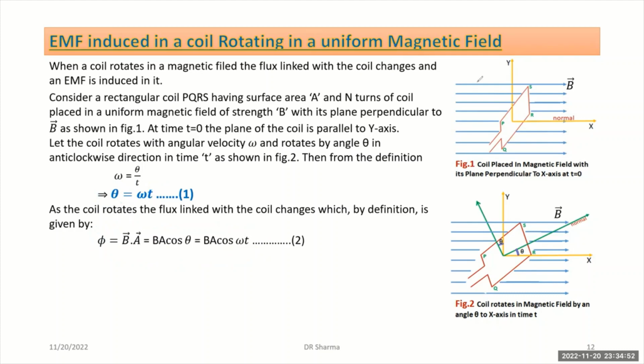So the rate of change of flux linked with the coil is obtained by differentiating equation 2, which gives B A omega sin omega t. Derivative of cos omega t is minus sin omega t.